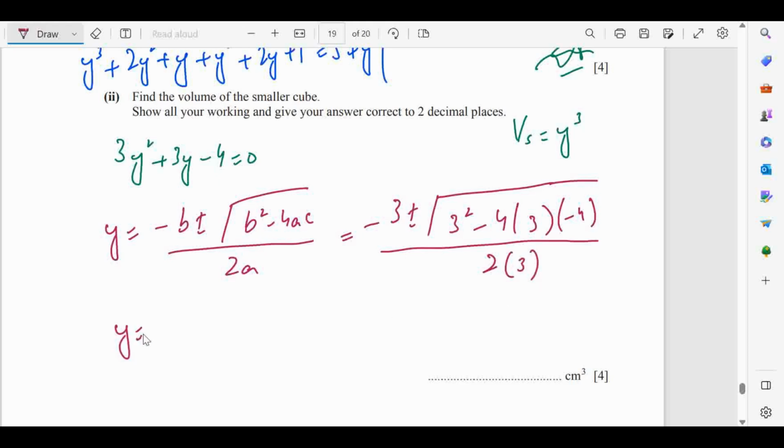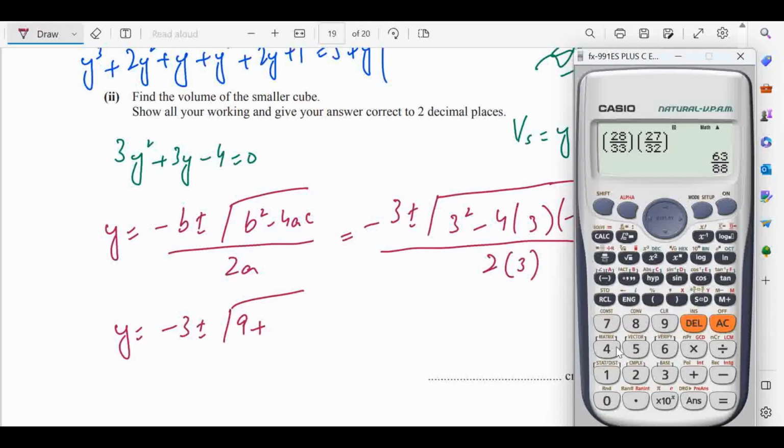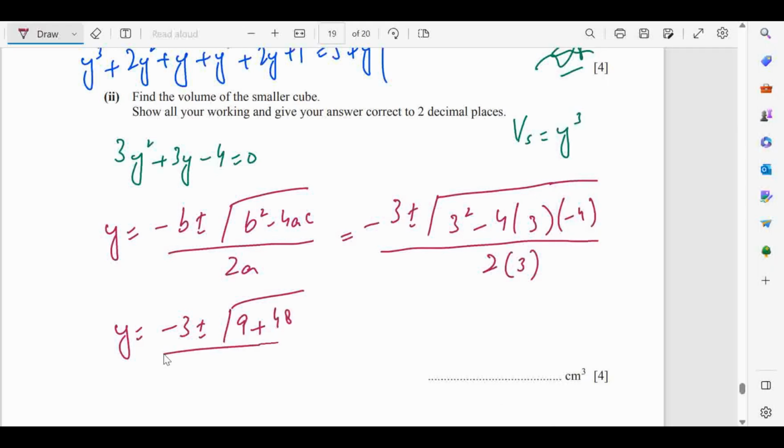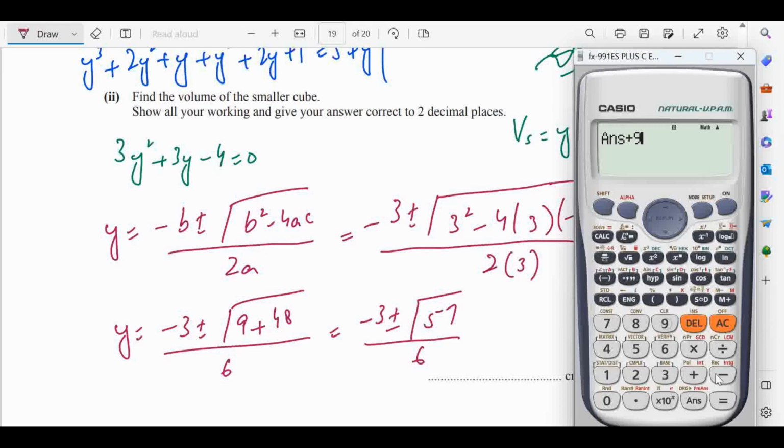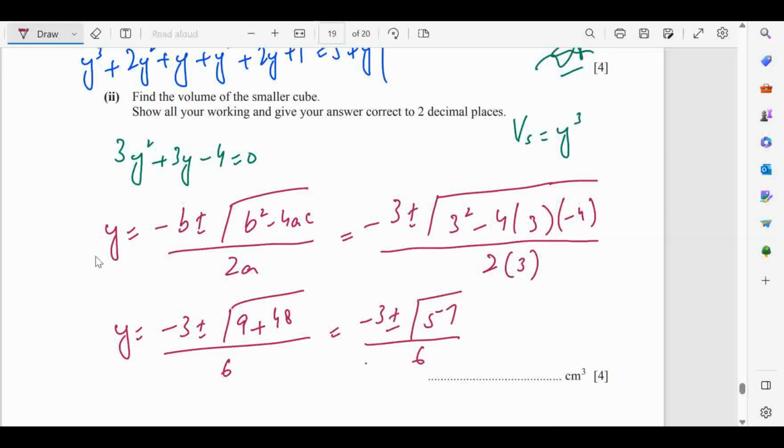So y will be equal to minus 3 plus minus square root of 9 plus 4 into 3 into 4. So this will be 48, whole divided by 6. So minus 3 plus minus square root of 57 divided by 6. We add plus 9, so this will be 57.